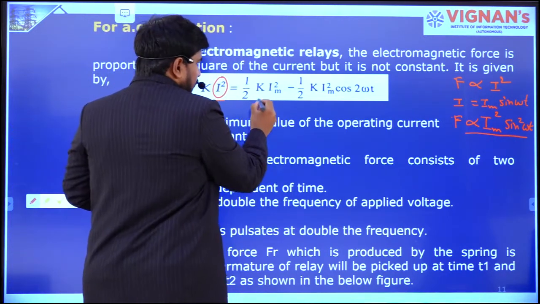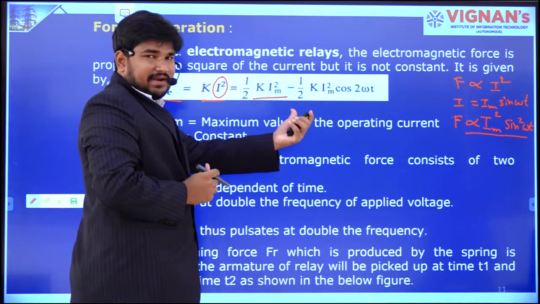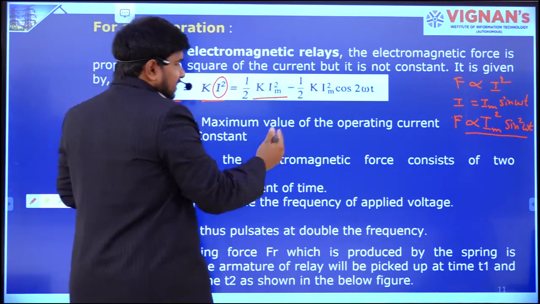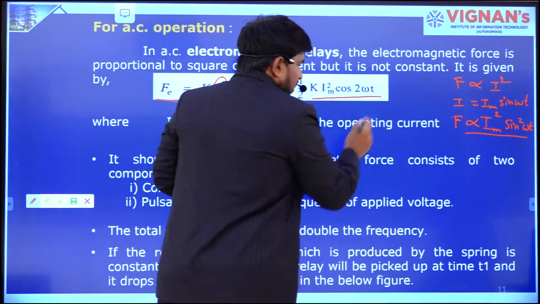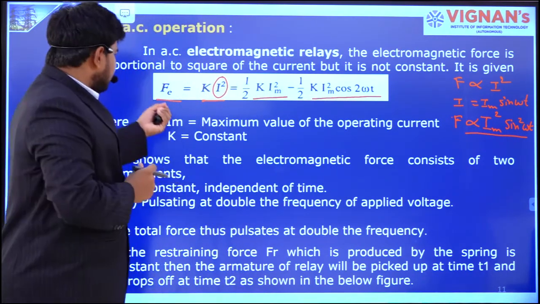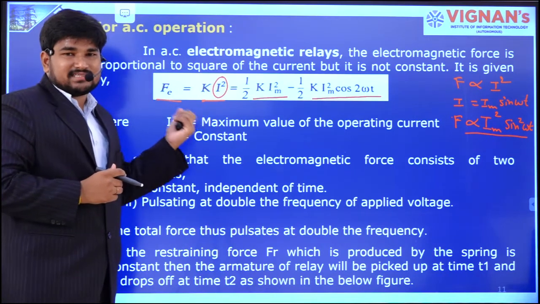So that is 1 by 2 times the constant, 1 minus cos 2 omega t, which gives half K Im square, and the other term is cos 2 omega t. This is the force developed in case of AC.